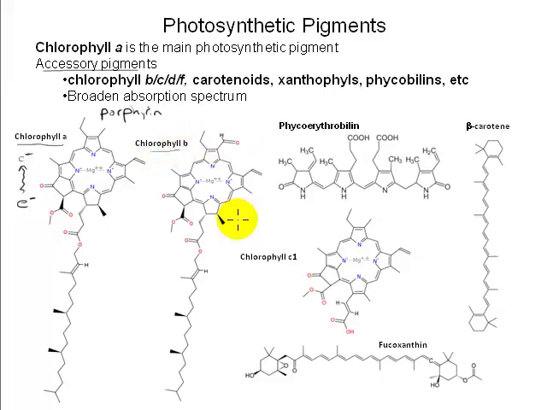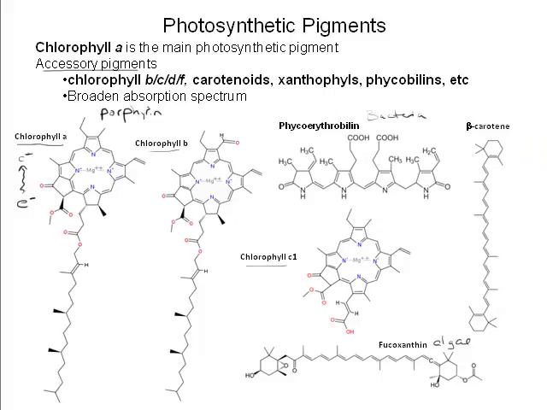There are other chlorophyll molecules with very similar but distinct porphyrin ring structures, including chlorophylls B and C. Phycobilins like this one, phycoerythrobilin, are common in cyanobacteria. Fucoxanthin is found in the brown algae like the kelp we see off of our coast. And beta-carotene is commonly used as an accessory pigment in lots and lots of different organisms.